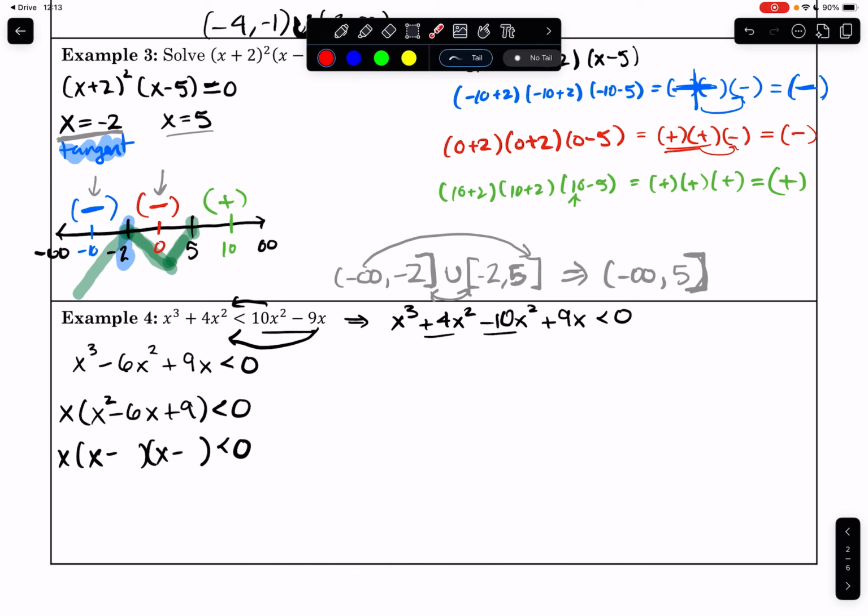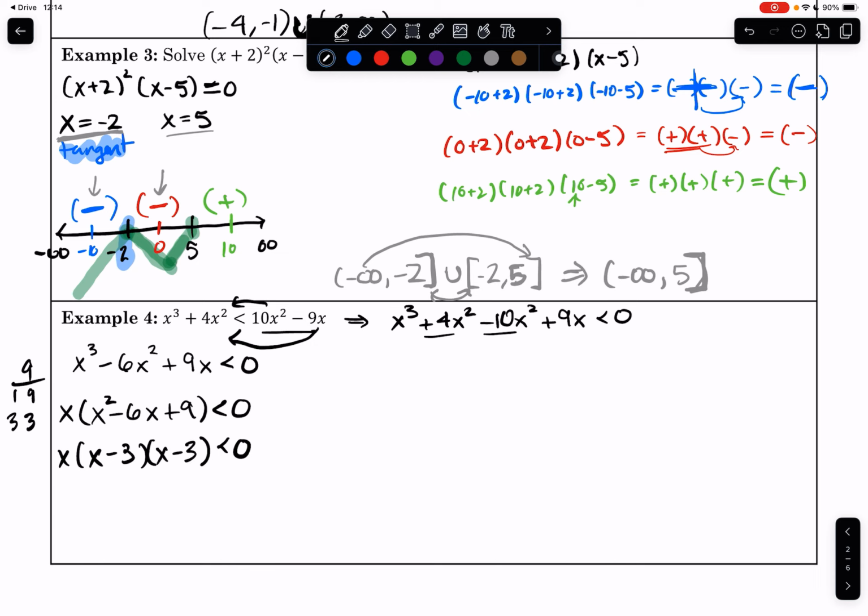So the factors of 9, those are 1 and 9, 3 and 3. And since these signs are the same, I want to add these up and match up to 6. Well, 3 plus 3 is 6. So this would be 3 and 3. And there you have it.